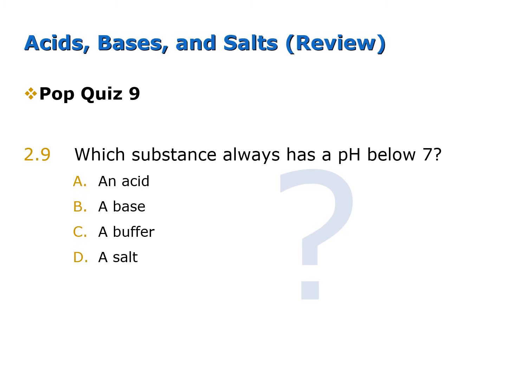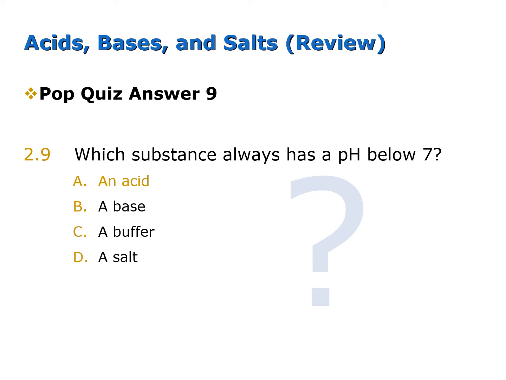Question number 9. Which substance always has a pH below 7? A, an acid, B, a base, C, a buffer, or D, a salt? A substance that always has a pH below 7 is called an acid. And if you remember, the range of a pH scale is between 0 and 14, with 7 being the neutral zone.